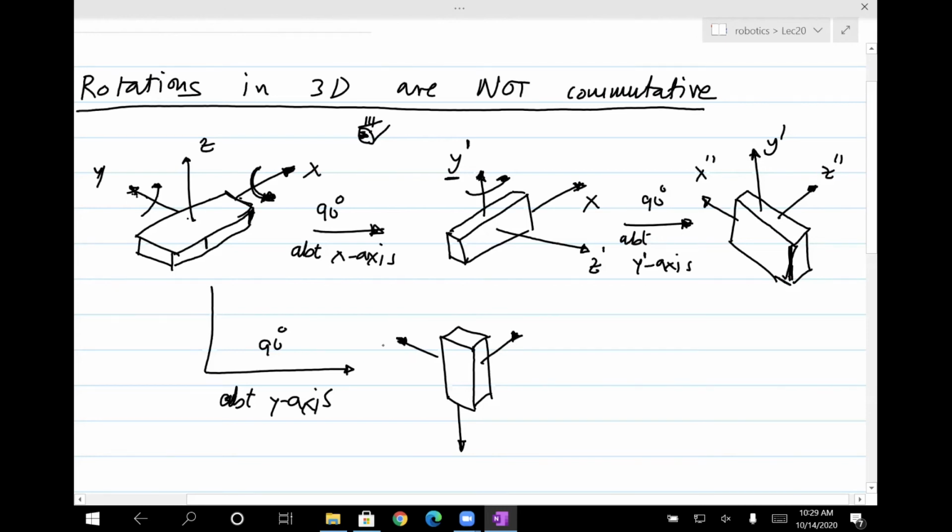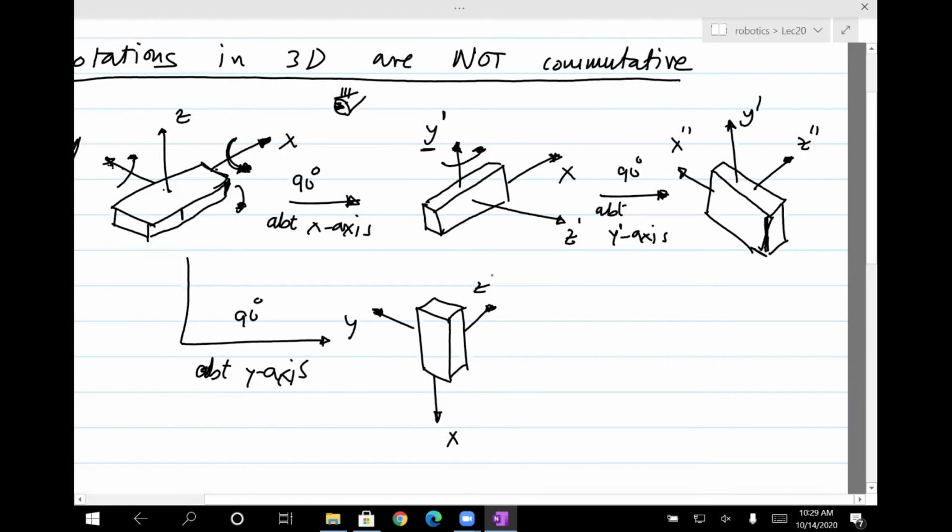So now y is unchanged, but z is going to be, yeah, this way, right? It's going to turn sort of this way because that's counterclockwise, and then x will be downwards. So let's call that z prime and x prime because that's rotated.